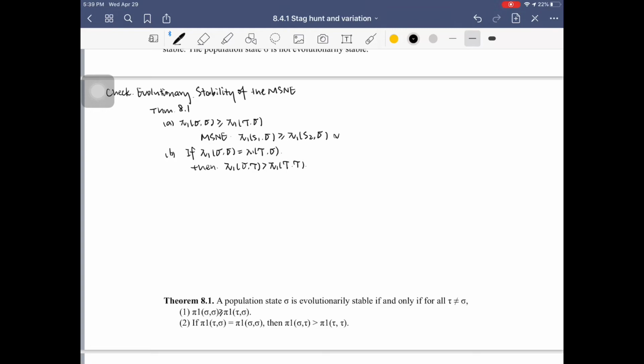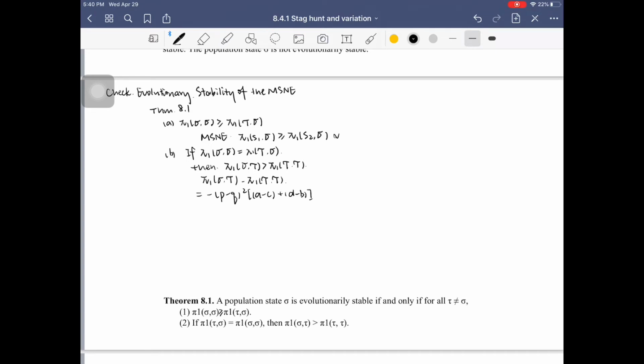And for this one, we can check if pi 1 sigma tau subtract pi 1 tau tau is negative or positive, so we can see which is bigger. And this equals minus p minus q squared multiplied by a minus c plus d minus b.